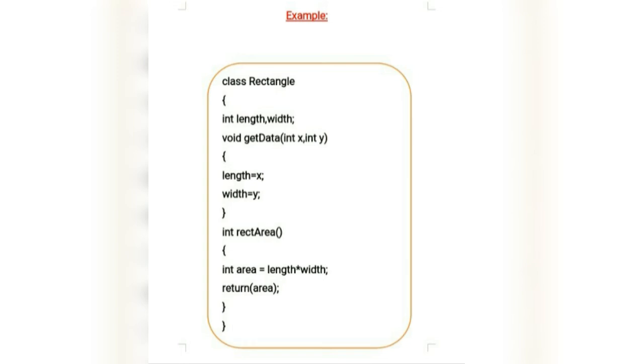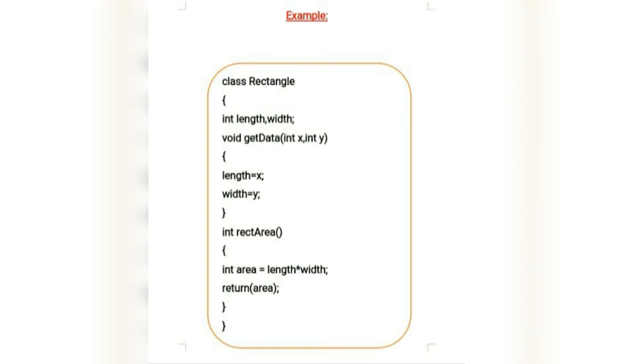Now here I have taken an example where it will be clear how to declare a class and what exactly it contains. Here I have taken the class Rectangle, which contains the properties, which are nothing but the field declaration, and the behavior, which are nothing but the method declaration.